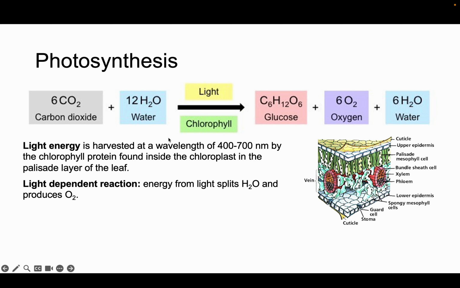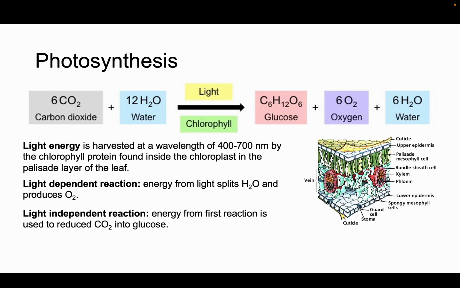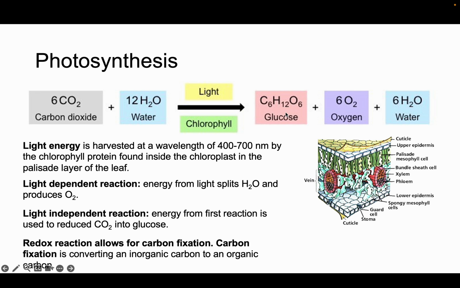So in the light dependent reaction, water is split and then we get oxygen as a result. When water is split, a little bit of energy is released. That energy is used to reduce carbon dioxide into glucose. Now, photosynthesis overall is a type of redox reaction.